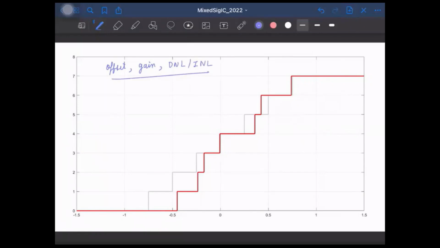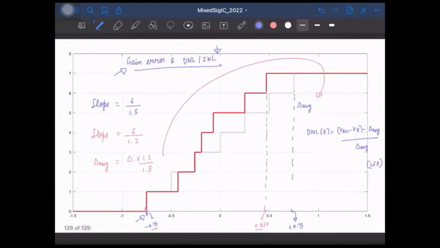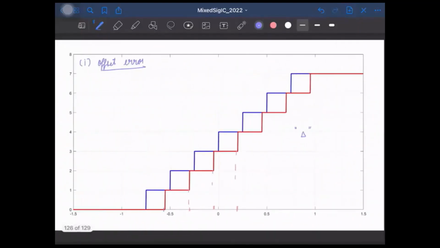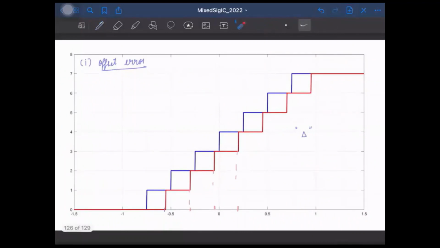So in this case, to find DNL and INL, first we need to correct for both offset and gain errors. Okay, because let us say you don't correct for the offset error, what will happen is the following. So here we have considered an ideal quantizer curve that is just offset by some voltage, right?